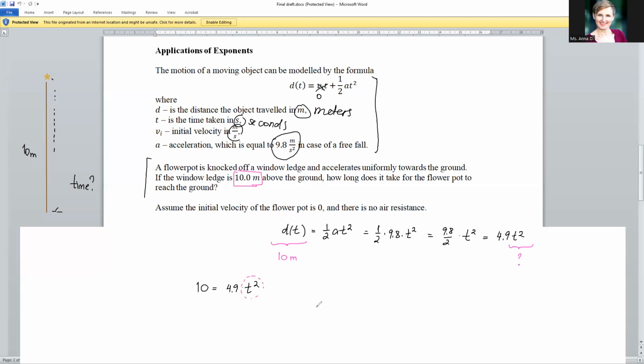So here are the steps to find t. We divide 10 by 4.9, and that would be time squared.